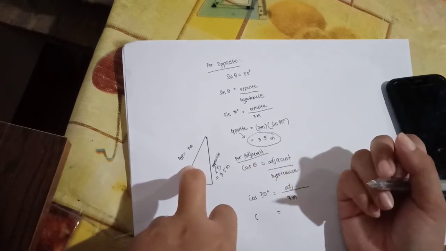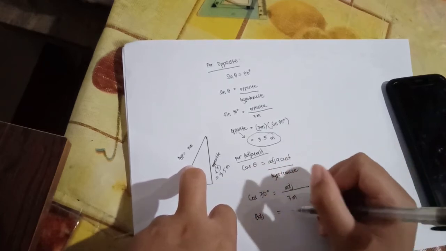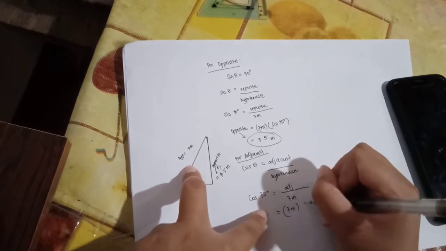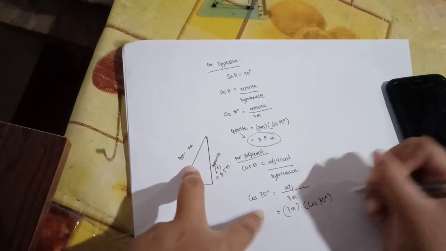We are going to transpose this, so our adjacent is equal to 7 meters times cos 30 degrees.